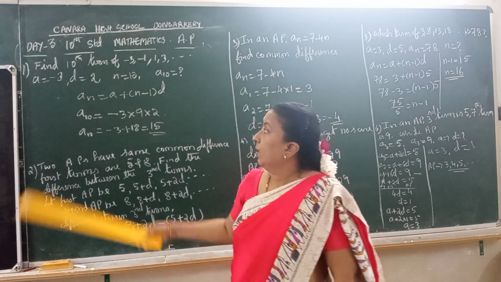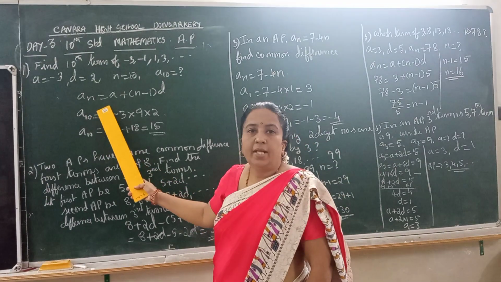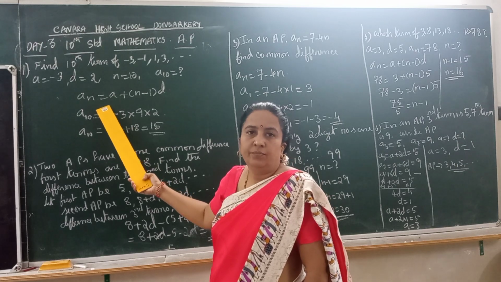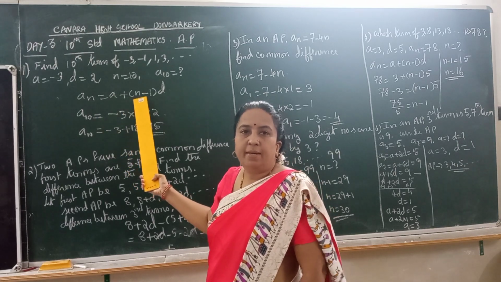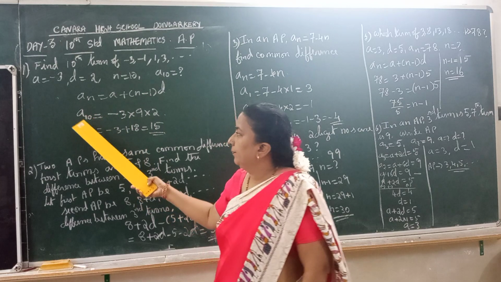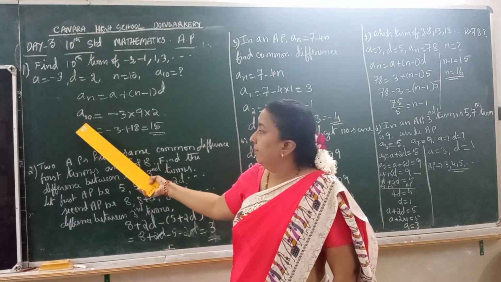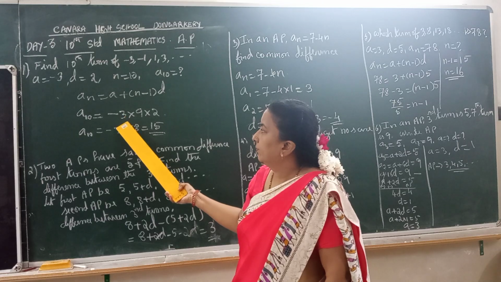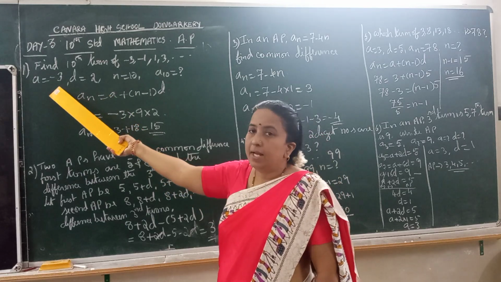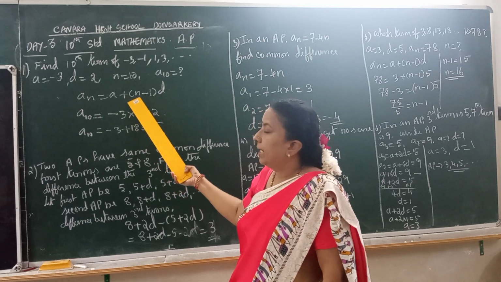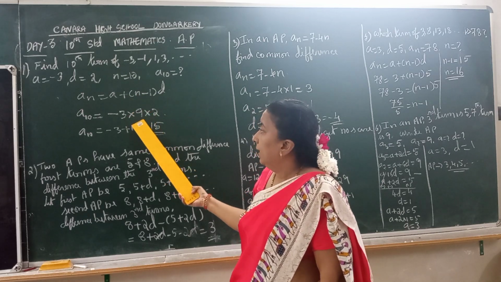Next write the nth term formula. An is equal to A plus n minus 1 into D. We have to find the 10th term, A10. In place of A, minus 3, in place of n, 10. 10 minus 1 is 9.